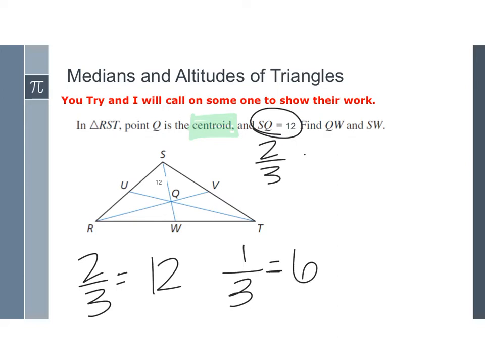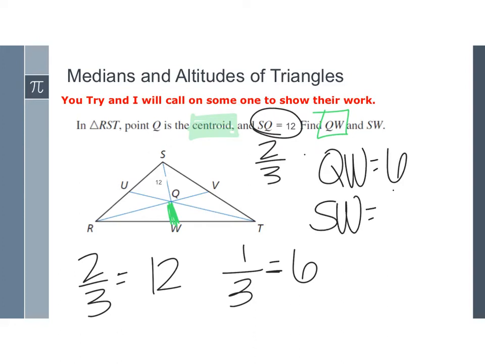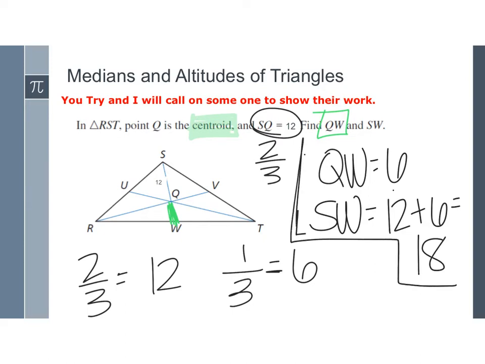So that means QW, that green part, which is 1/3, has to be 6. SW, the whole thing, has to be 12 plus 6, which is 18.